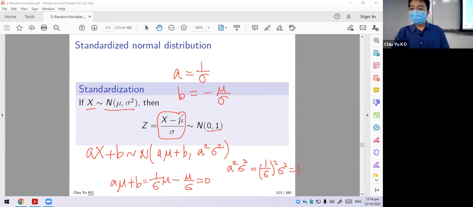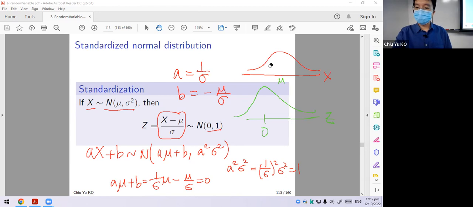So what we are actually doing is, you have some normal, and we can always transform this to a Z. Here we have mu, and we have variance equal to sigma squared, and we can always transform it to mean 0, variance equal to 1.